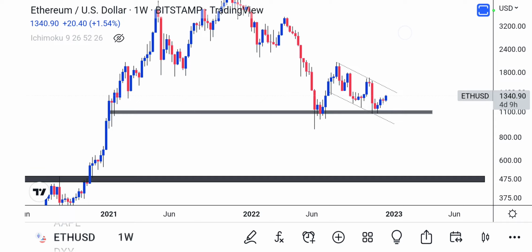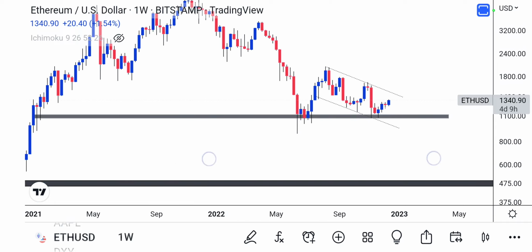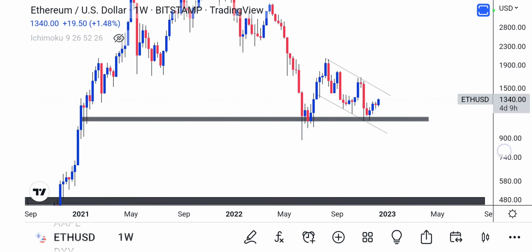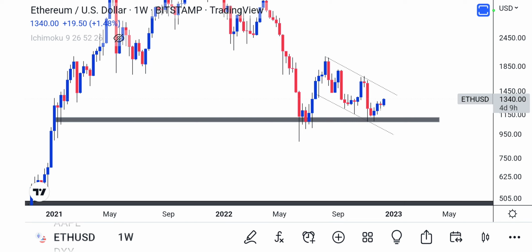So that bounce is very important. If you hear anyone saying this is the bottom, I would advise you to please overlook those. No one will actually tell you this is the figure for the bottom.